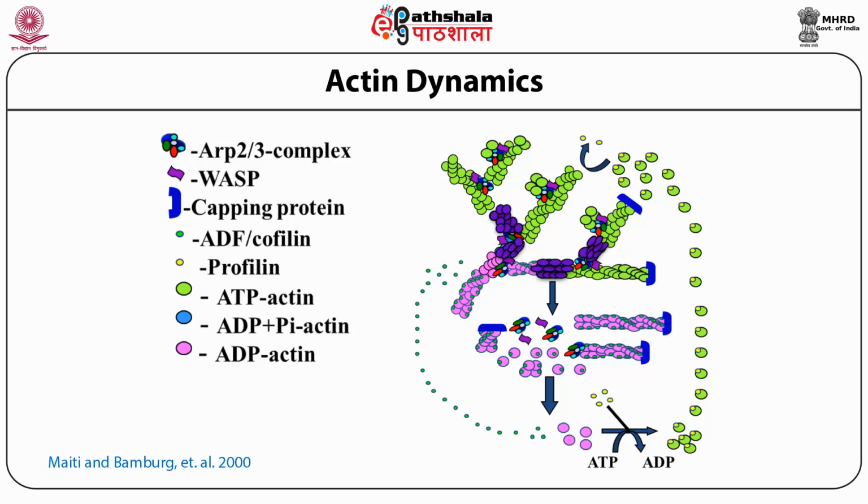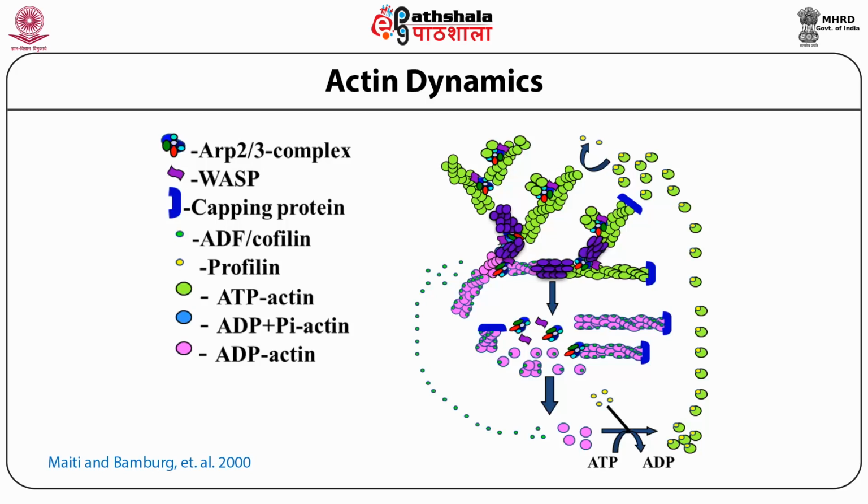In this slide, I have shown you many proteins which participate in this actin dynamics. The ARP2-3 complex generally helps in the nucleation. There are several capping proteins which stop the growth of the actin filaments, and many proteins which also stabilize the actin filaments.